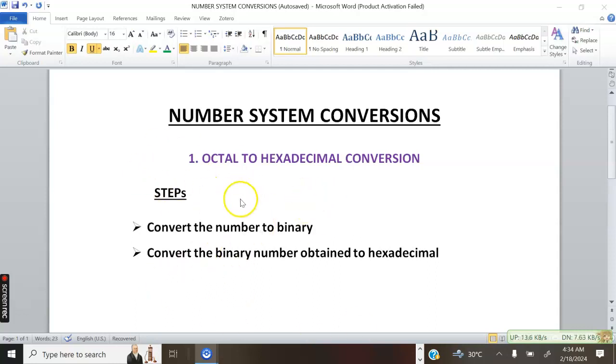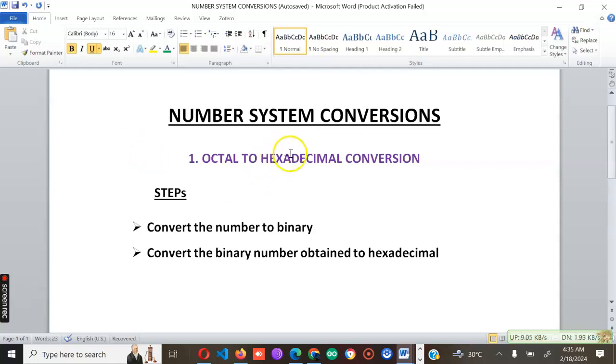While for hexadecimal, which is a combination of decimal with other digits, it is a system that has 16 digits. That is from 0, 1, 2, 3, 4, 5, 6, 7, 8, and 9.